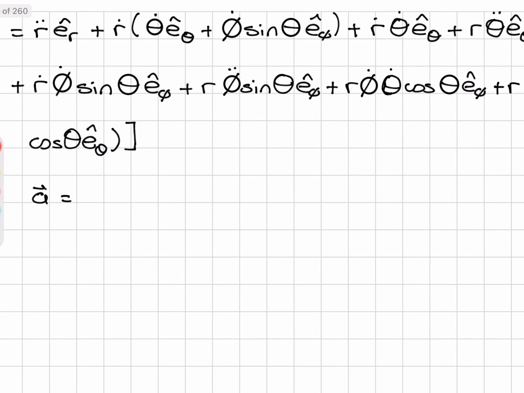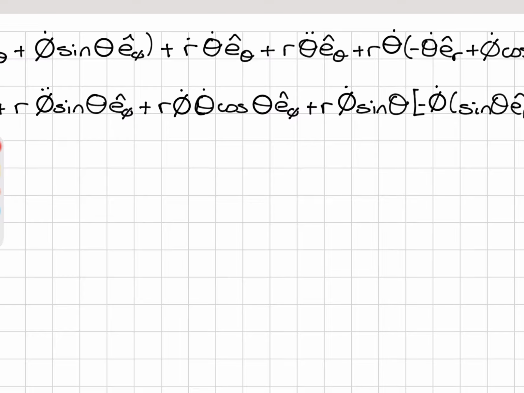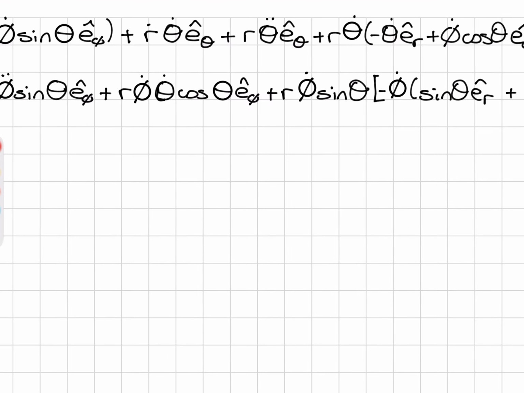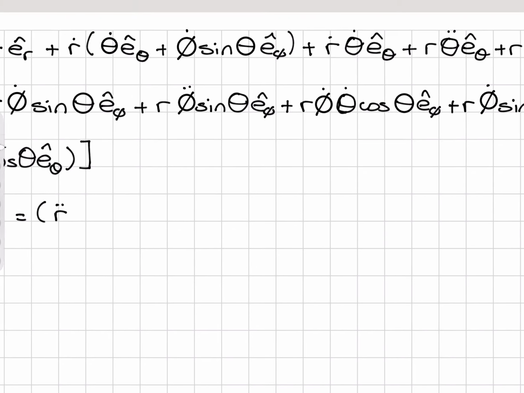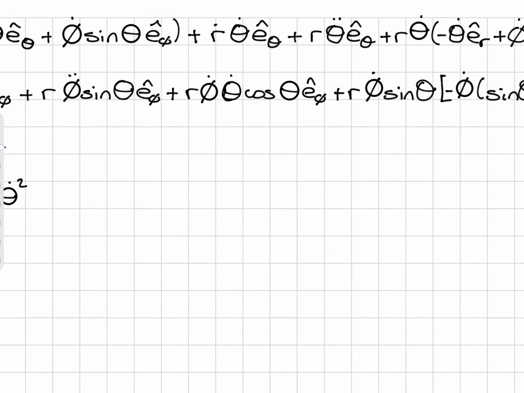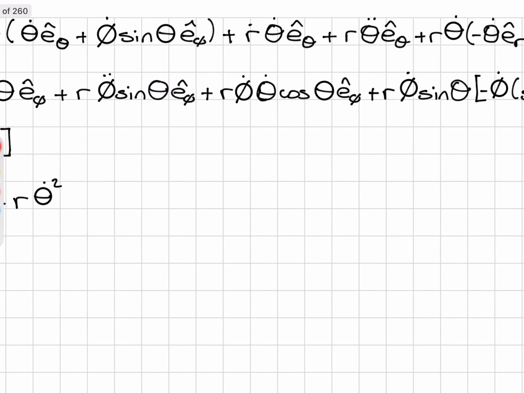So the first one is r double dot. The second term that belongs to e r hat is minus theta dot square times r. So we have minus r theta dot square. And what else includes e r hat here?